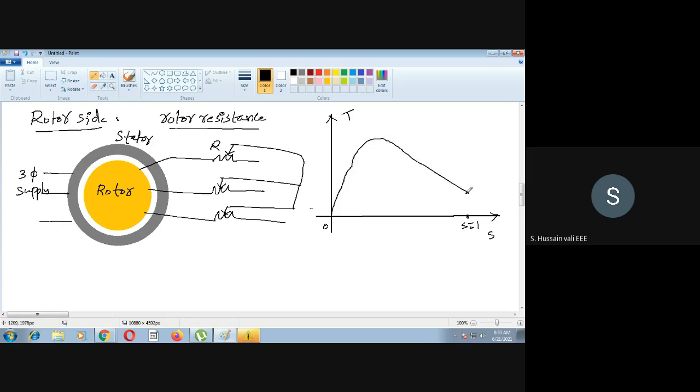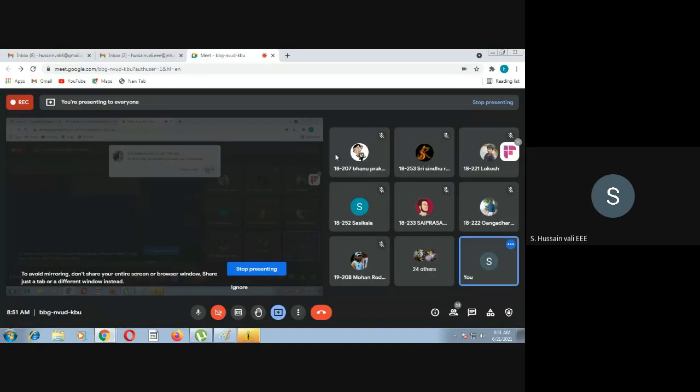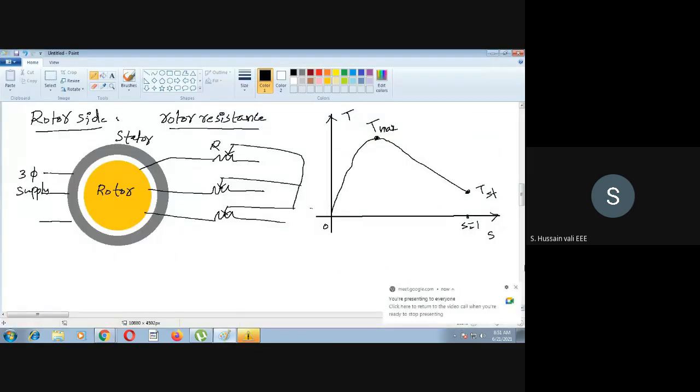So this point is T max, whereas this point is TST, the starting torque.